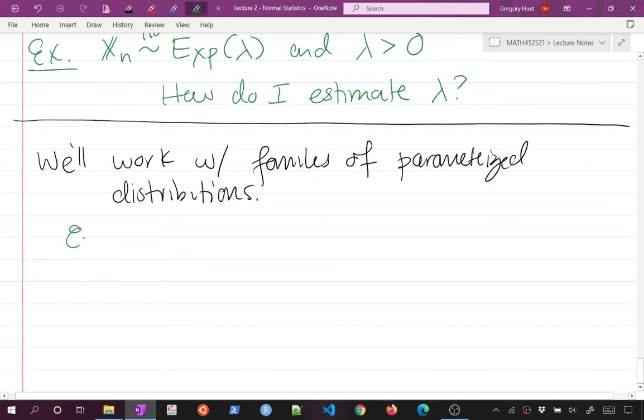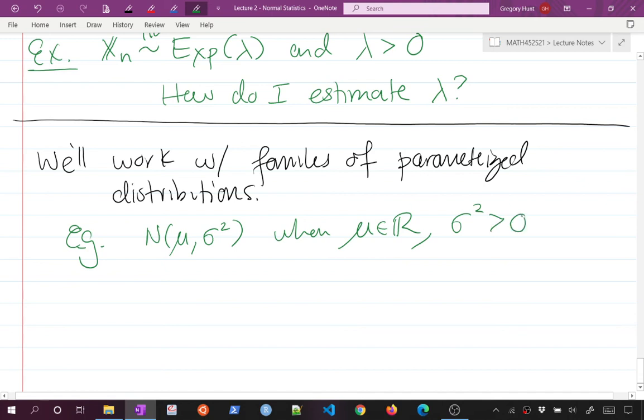For example, we're going to work with normal distributions, mean mu, sigma squared, where mu is any real number and sigma squared has to be positive.